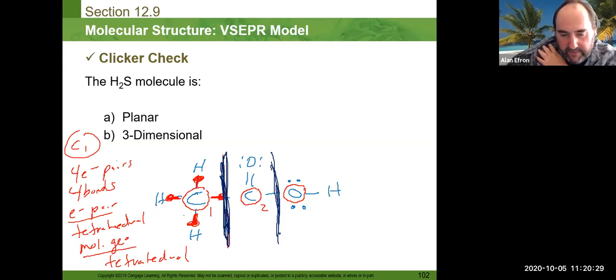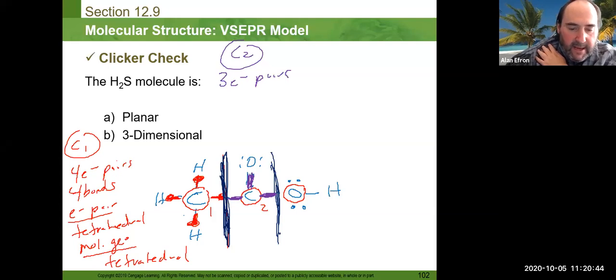There would be 1 electron pair here, 2 electron pairs here, and the double bond would only count as 1 electron pair. So for carbon 2, we would have 3 electron pairs. In terms of bonds, it would have 1 bond for the double bond, 2 bonds, and 3 bonds.